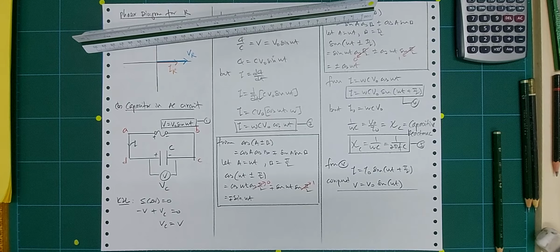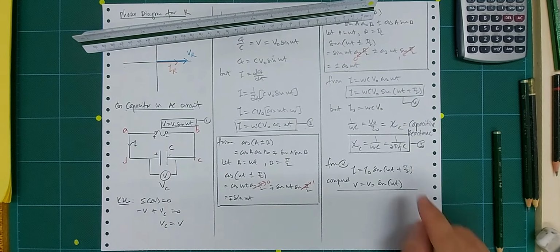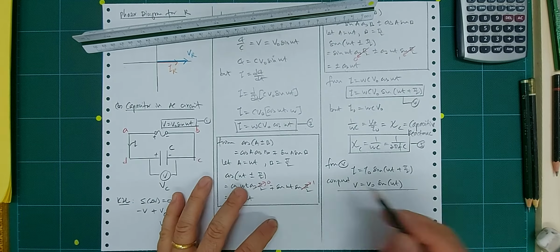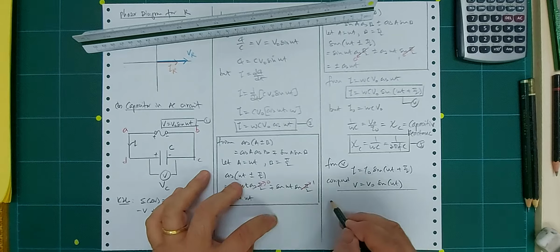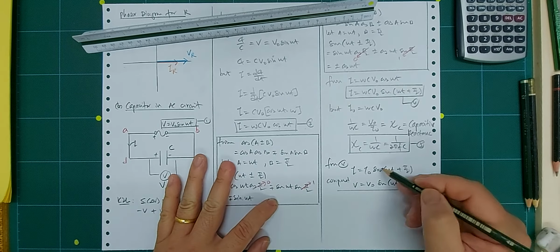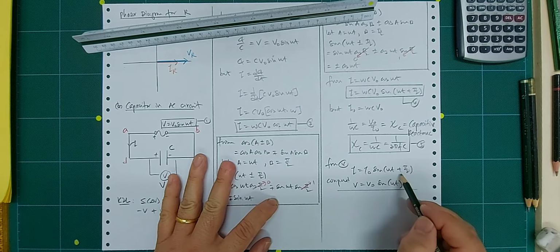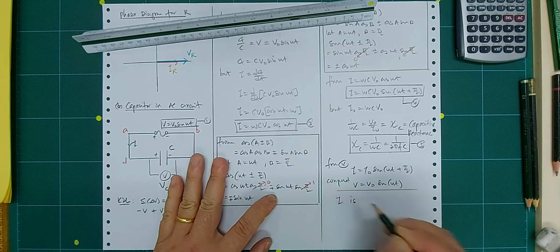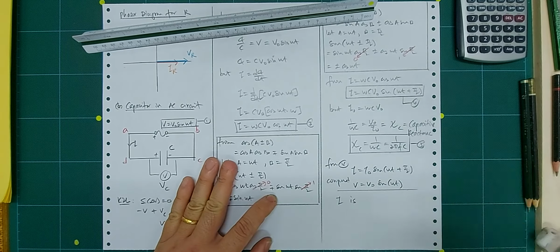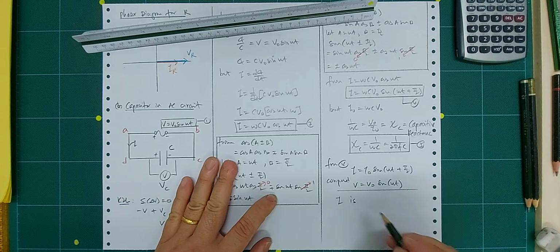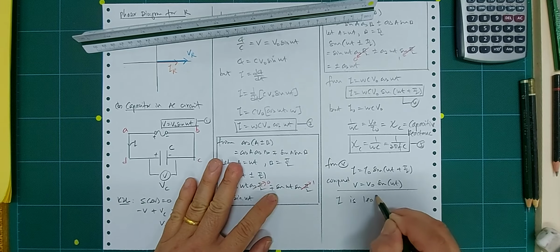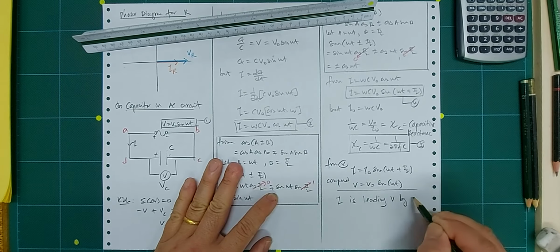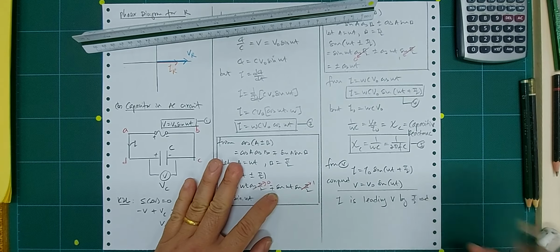So what happened here? If you have plus, it means that I is actually faster than voltage. So the conclusion from this comparison: when you have plus pi over 2, I is increasing faster than the voltage, leading V by pi over 2 radian.